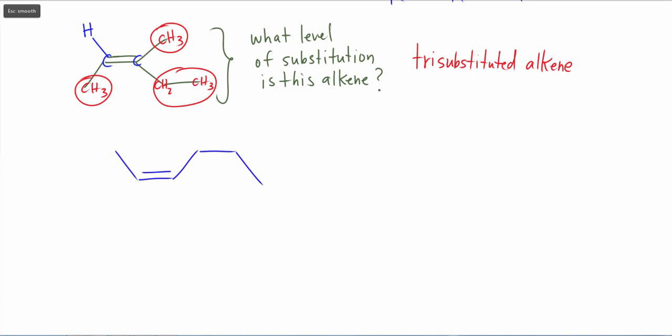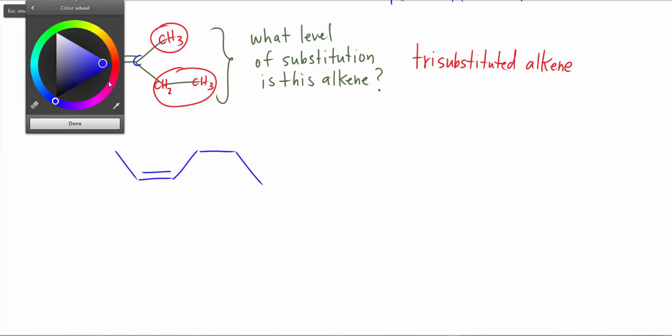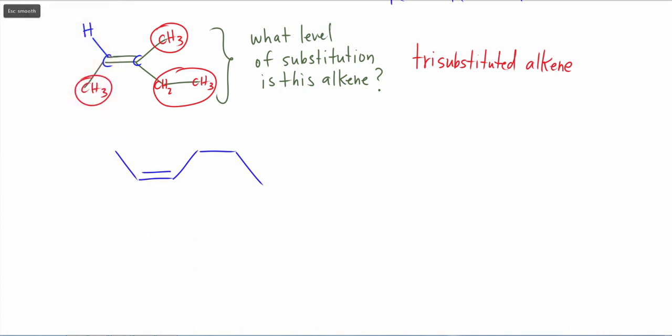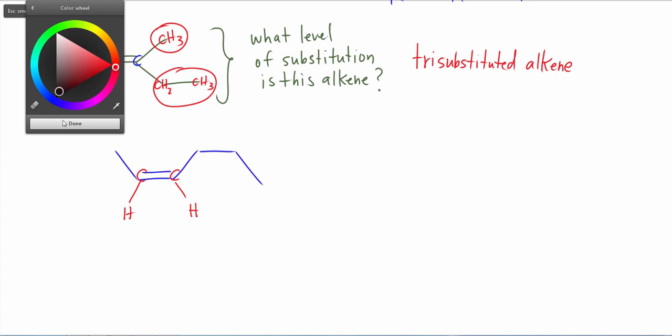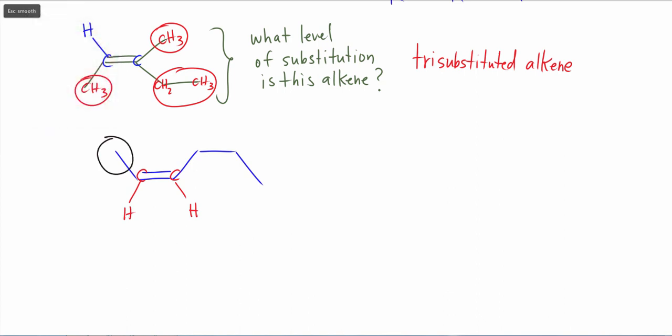So right off the top of your head, recognizing the structure of this, you should see, definitely from what we did in chapters 1 and 2, that this is a disubstituted alkene. This is a carbon, and you have 2 implied hydrogens here. So what are your 2 R groups that participate in substitution? Well, this is a CH3. And what group is this? This is a CH2, CH2, CH3. So this is a di-substituted.